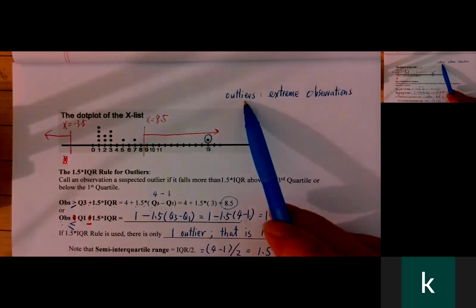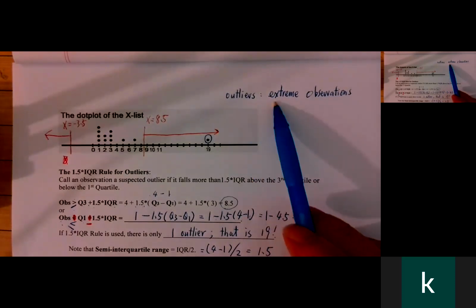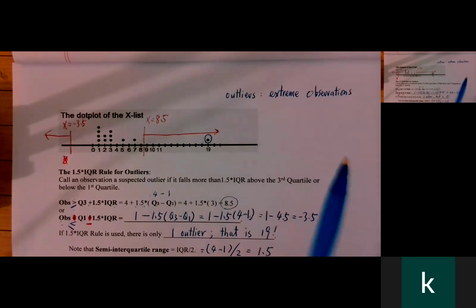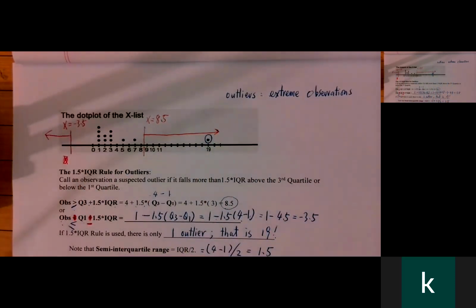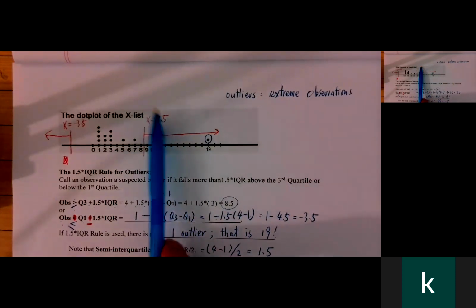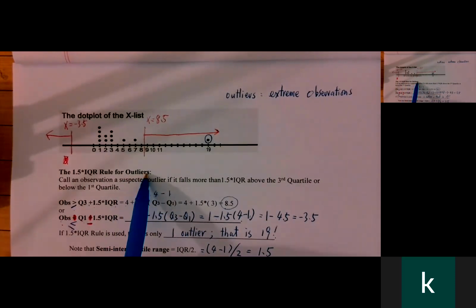Well, what do you know about outliers? Outliers are extreme observations. They can be either extremely large or extremely small, okay? But how large is large? How small is small? You have to cut the line somewhere, okay? So the 1.5 IQR rule provides us a way to cut the line.